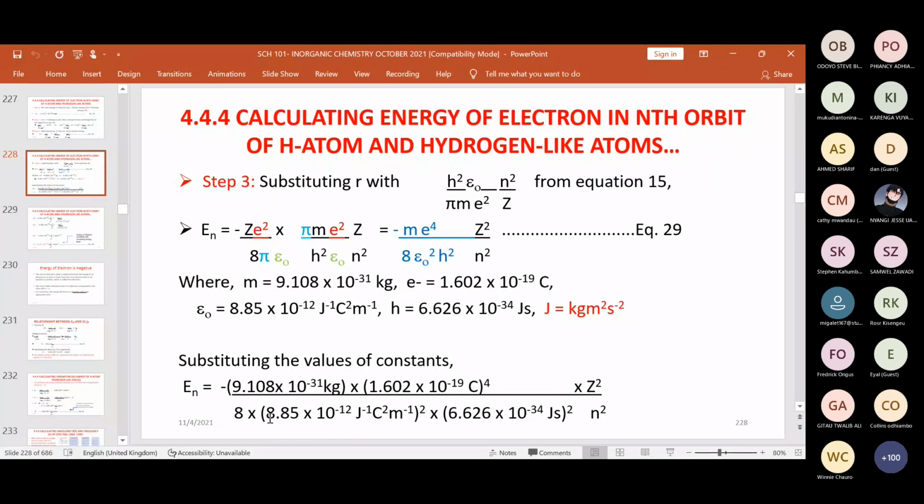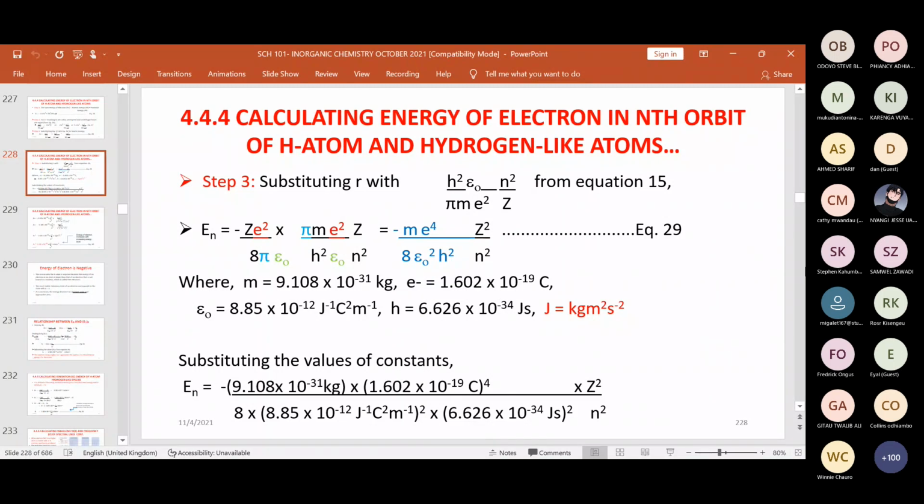The permittivity is 8.85 times 10 raised to minus 12 coulomb squared per joule per meter. You square everything in the bracket. Then you have Planck's constant, which is 6.626 times 10 raised to minus 34 joule second. Then you square everything in the bracket.